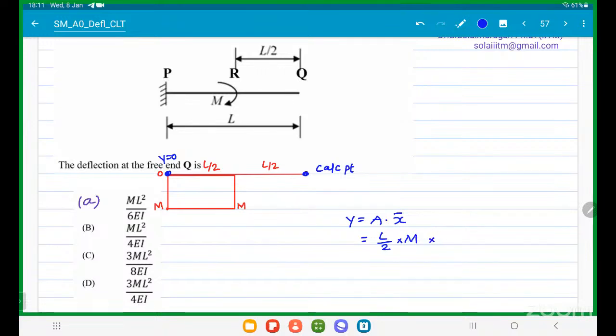What is X bar? Distance between the centroid of the selected area and the calculation point. Tell me what is X bar? It is easy, 3 by 4 L. So at last, divided by EI.